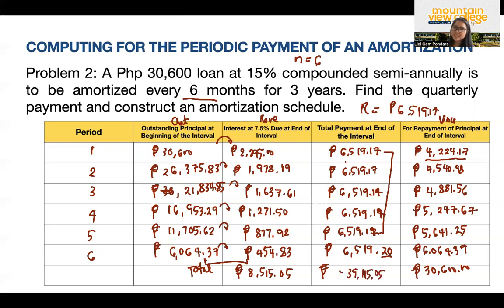Okay. So you see, from your 30,600 loan, you've paid 39,115.05 in all. Questions?